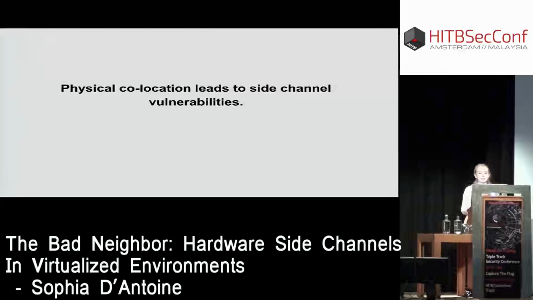Yes, like I was saying, it's that physical co-location. So your two processes are running on the same computer. That contention between dynamically allocated resources leads to the actual vulnerability.